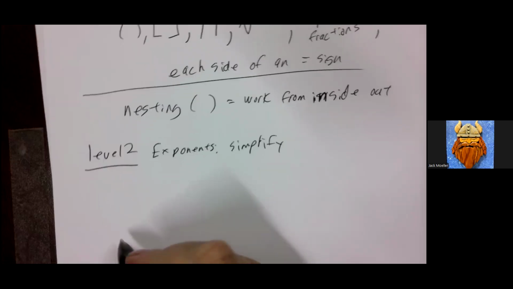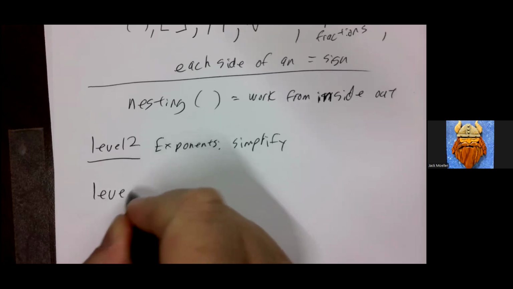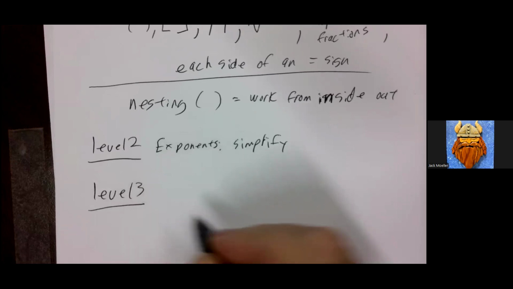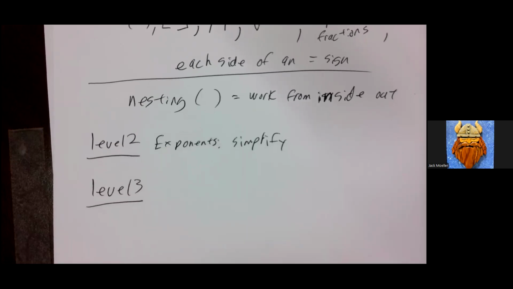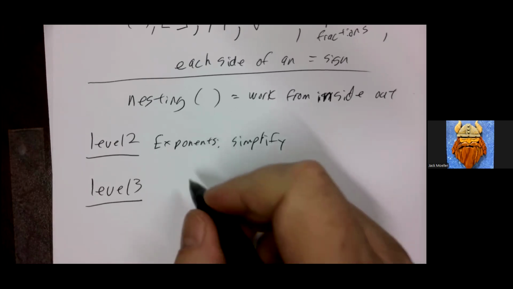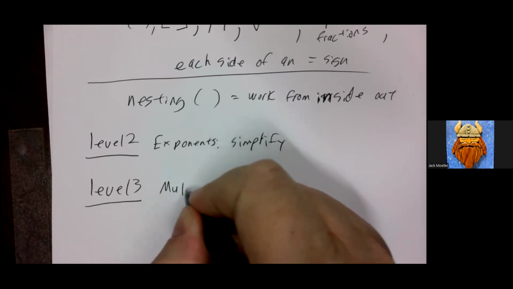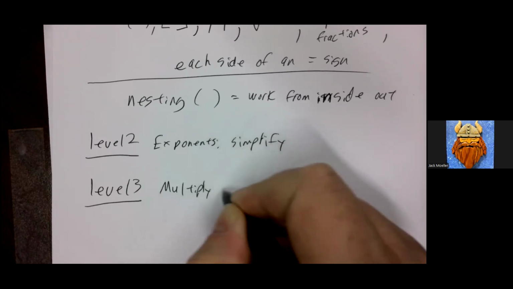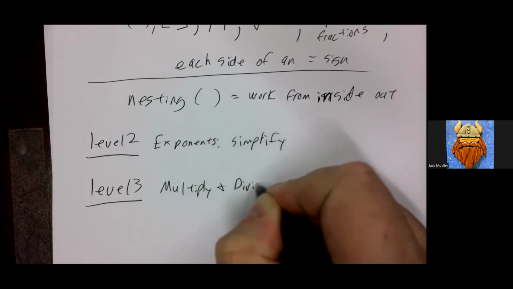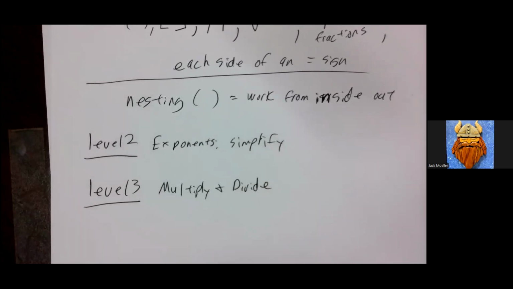Okay. Now, what's the next level? Well, if you say just multiplication, that's part of the problem with PEMDAS. It is multiplication and division. The reason these are equally important is they're basically the same operation, just in reverse order.